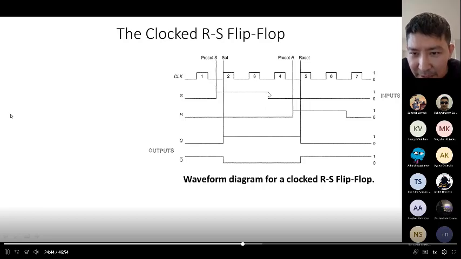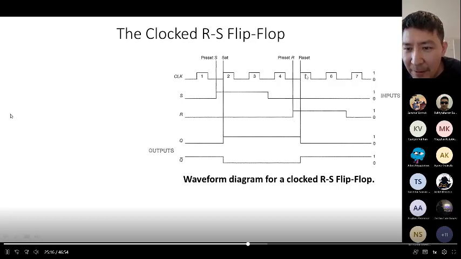Here, S goes to 0 and reset is still low. We have another pulse, but it doesn't affect the outputs. So it is in hold mode, we say. Then R goes high and set is still low. We call this preset mode because it waits until the clock input gets the signal.